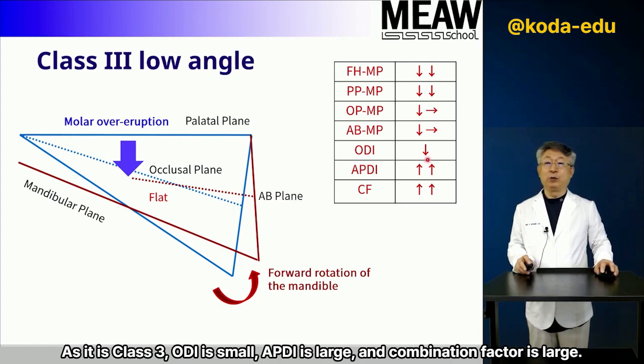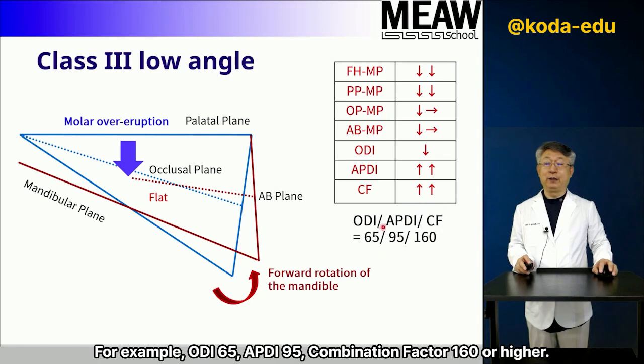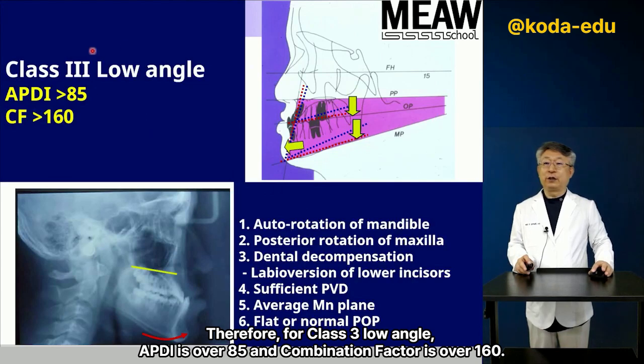As it is Class 3, ODI is small, APDI is large, and combination factor is large. For example, ODI 65, APDI 95, combination factor 160 or higher. Therefore, for Class 3 low angle, APDI is over 85 and combination factor is over 160.